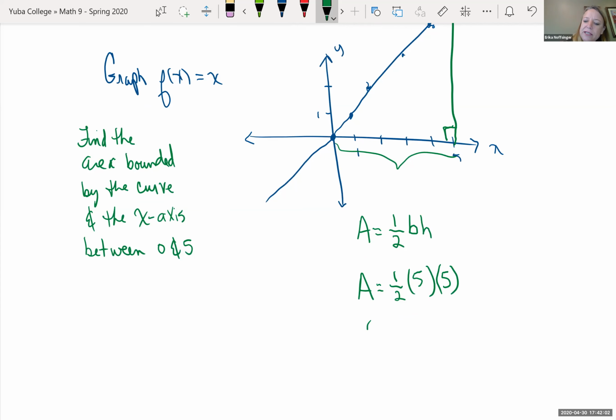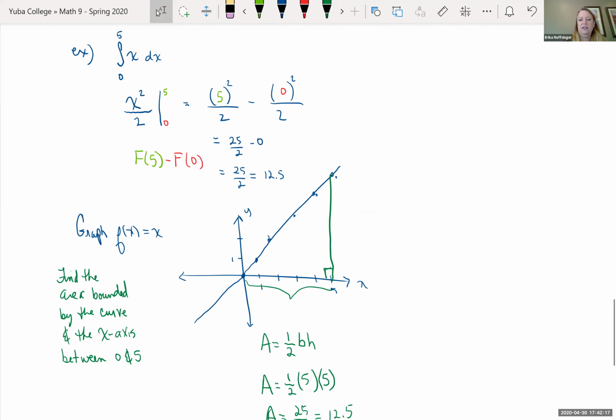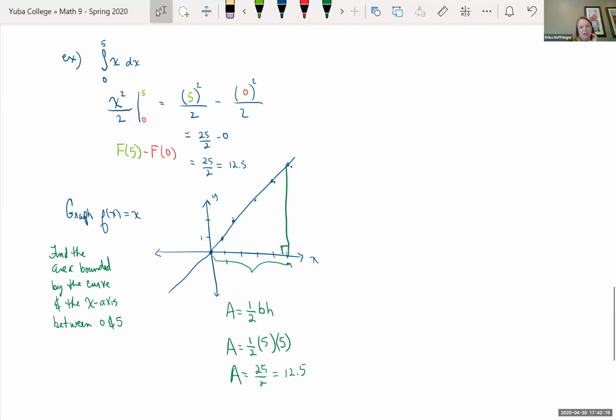So our area is equal to 25 halves, or 12.5, which is the exact same thing we got by using the definite integral. Pretty darn cool, right? Okay.